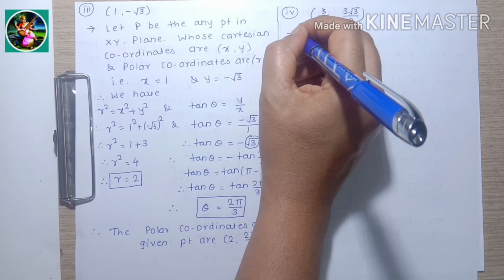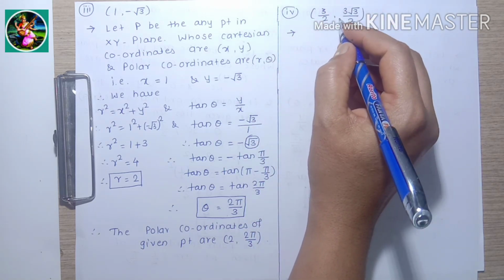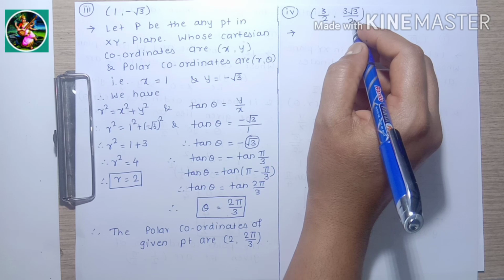Next example is 3 by 2, 3 root 3 upon 2.